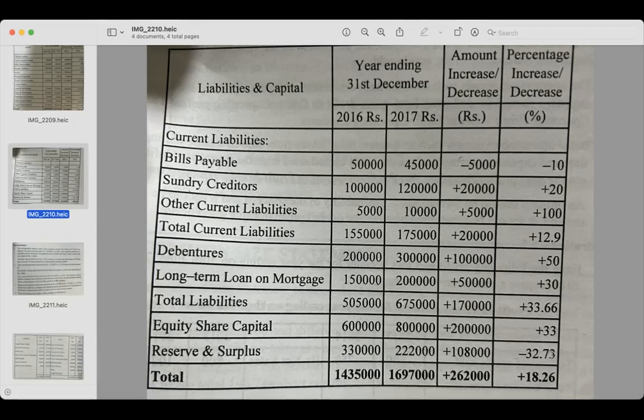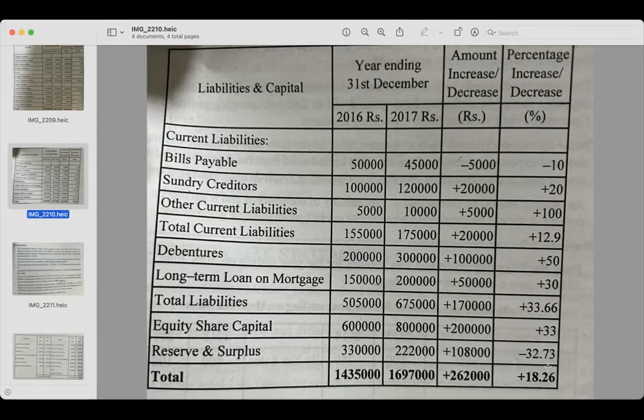So the total of increase in the liabilities is 18.26. How do you get it? The total of liabilities in the first year, 14,35,000. In the second year, it is 16,97,000. The difference is positive. There are some negatives, the first and last are negative items. The rest all are positive items. So the net of all those positives and negatives is 2,62,000 by 14,35,000 gives you 18.2%.